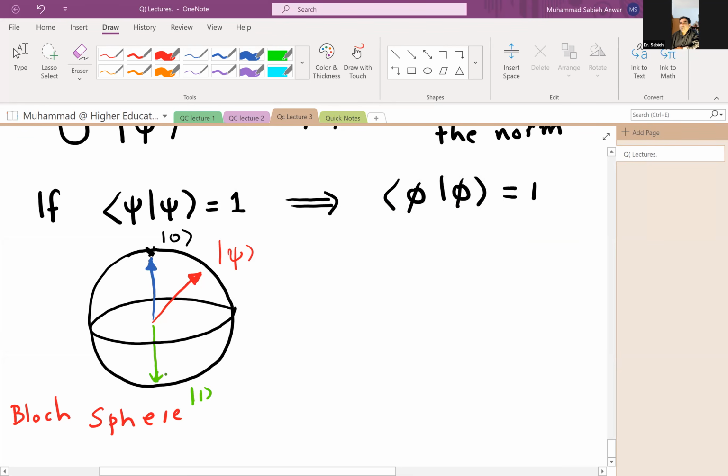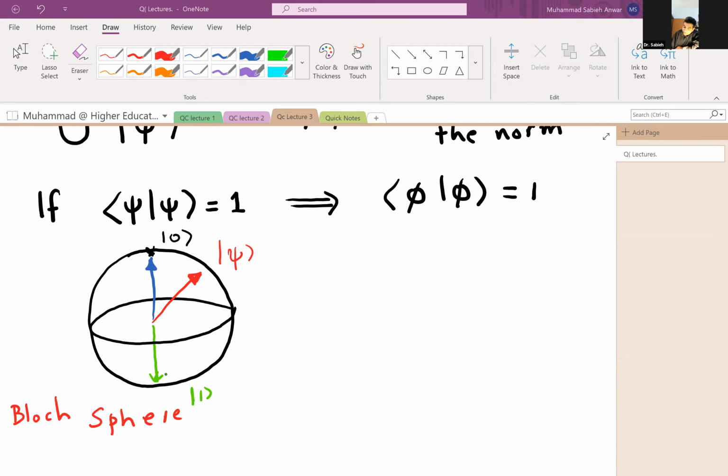Now, can anyone tell me what the NOT gate does to the input state ket 1? If my input state were ket 1 and I applied a NOT gate to it, what would happen? Ket 0.